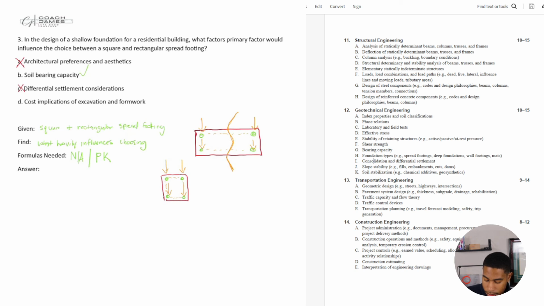That's what mat footings are for. Cost complications of excavation and formwork, not really. Mat foundations have kind of an issue with that because of it being so costly to excavate more, but our answer is going to be B in this case.